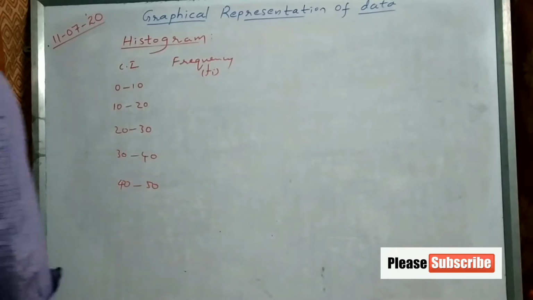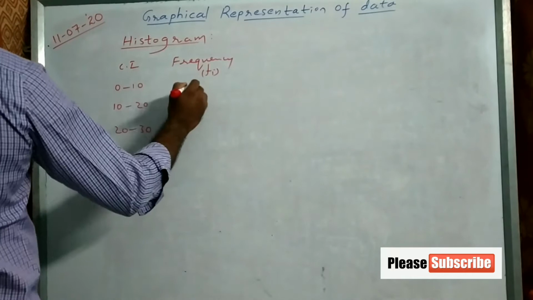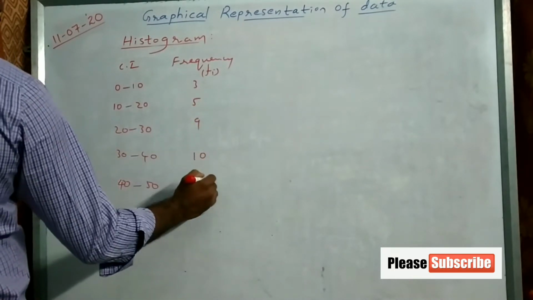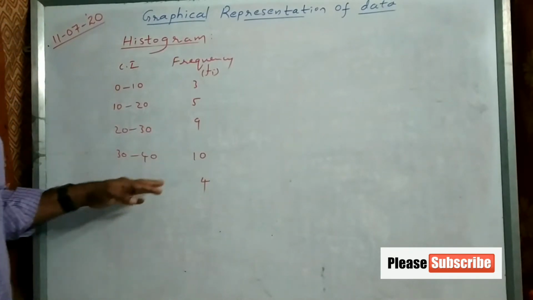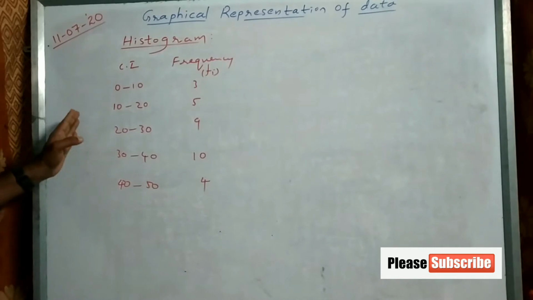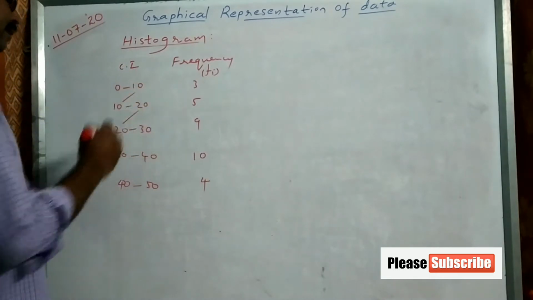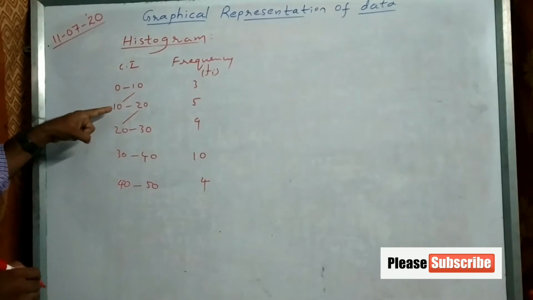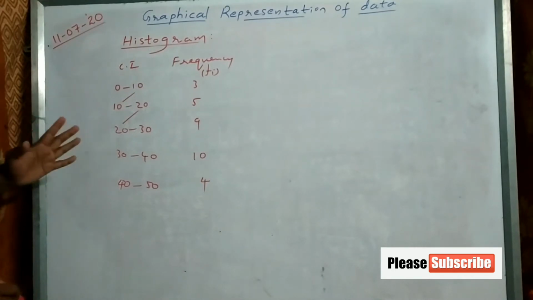Some values are given here: 3, 5, 9, 10, 4. What type of data is it, can you say? This is called exclusive data, right? This is exclusive data because the upper limit of the first interval and the lower limit of the second interval are the same.